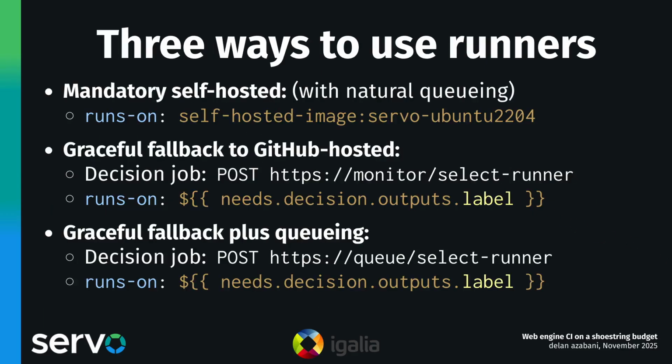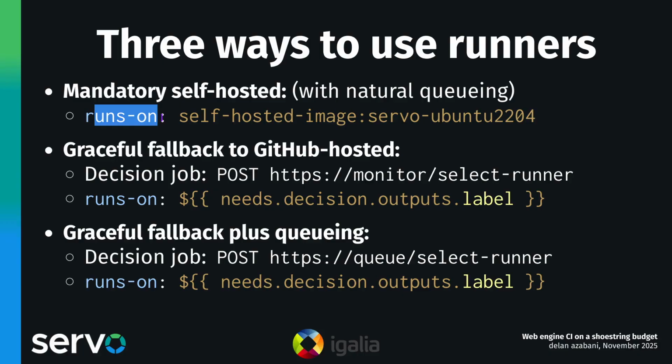There are three ways to use our CI runner system. The first one is the way that GitHub designed self-hosted runners to be used. The way they intend you to use self-hosted runners is that when you define a job, you use this runs-on setting to declare what kind of runners your job should run on.